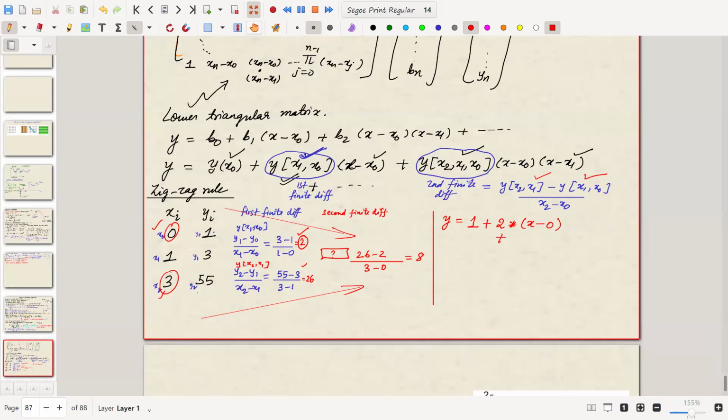Plus what is y of x2 x1 x0, that is the second finite difference? 8 times x minus 0 into x1 is 1. Can you see that? So can you solve for this? What is this? y is 1 plus 2x plus 8 into x minus 1.